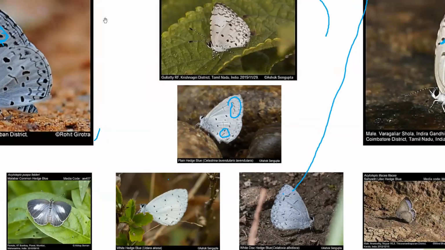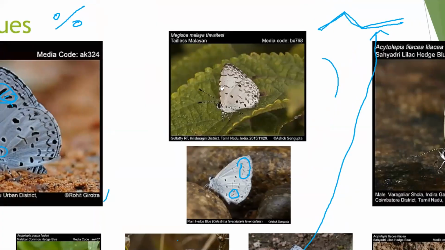If you see the Malayan, it is the top image which I have for you. This is the Malayan. That differentiates a Malayan very easily. You will find in the Malayan that at the costa of the forewing, there are 1, 2, 3, 4, and 5 streaks. These streaks are very prominent for a Malayan.